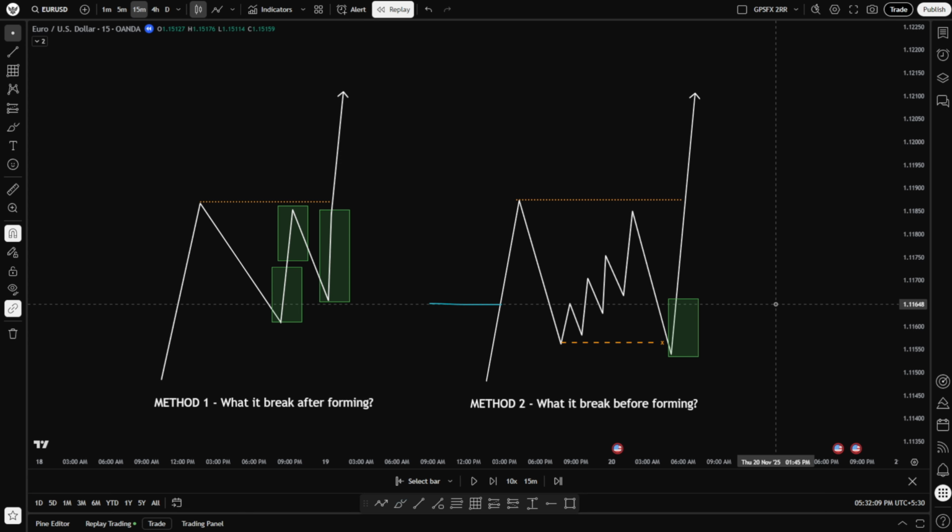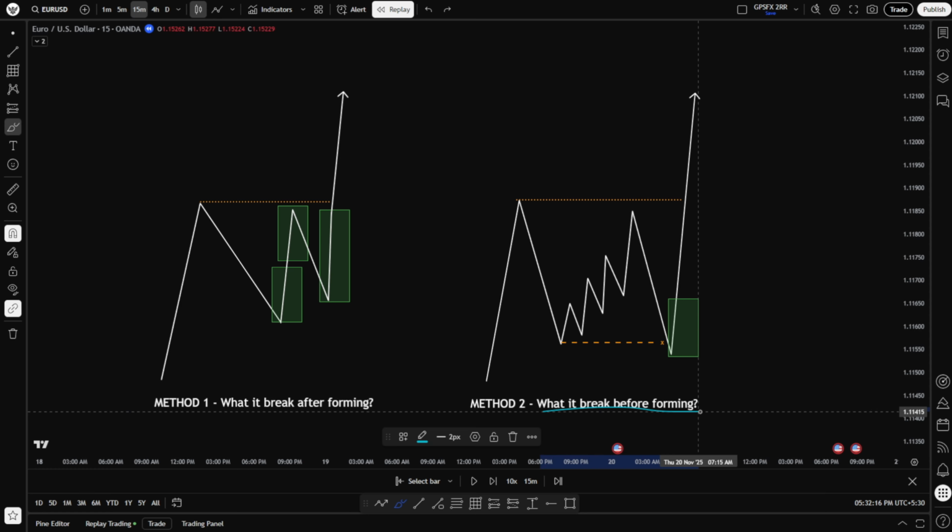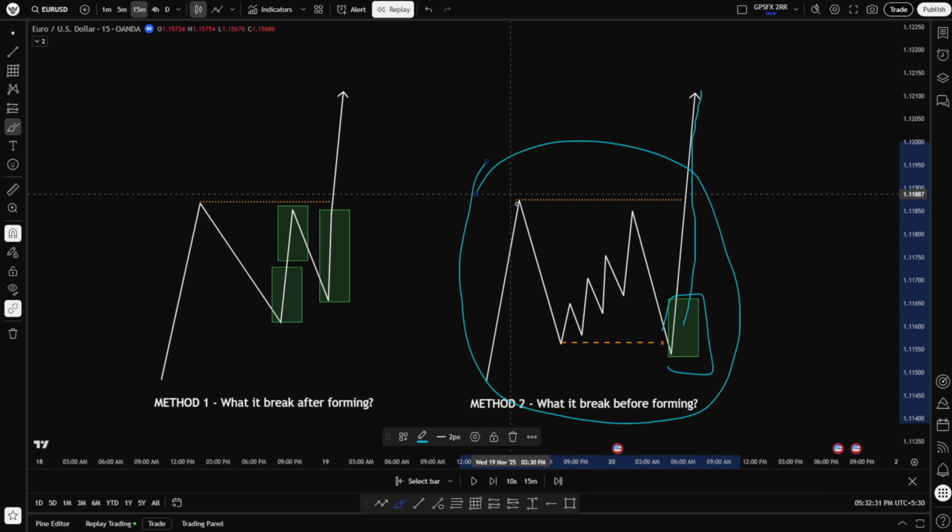An order block, what it breaks before forming. So in this case, the market breaks this point, which leads to manipulation, and then the order block forms, and then this order block gives you the break of structure for this entire structure. So naturally, when you ask the question which is the strongest order block in this structure, it is obviously this order block.